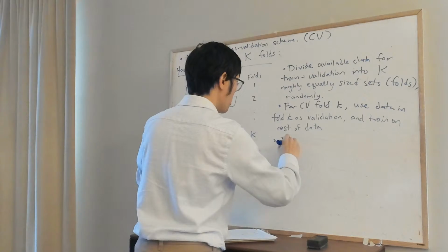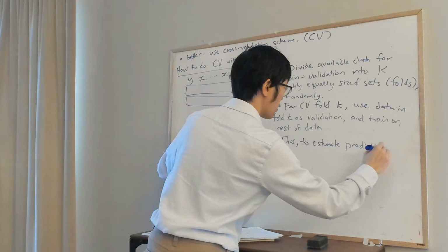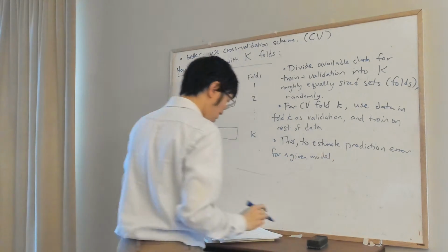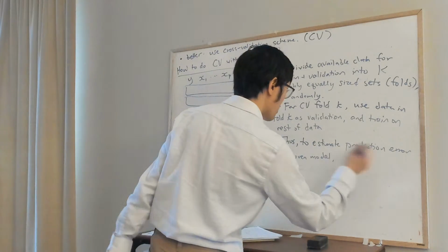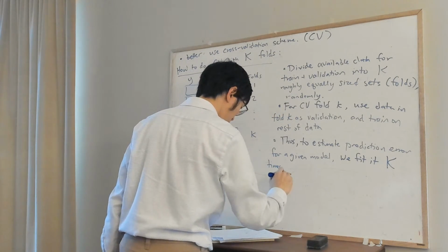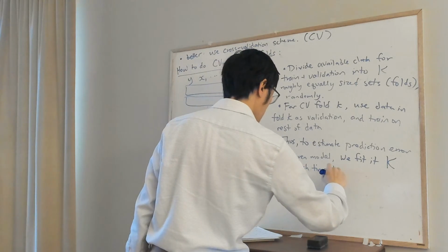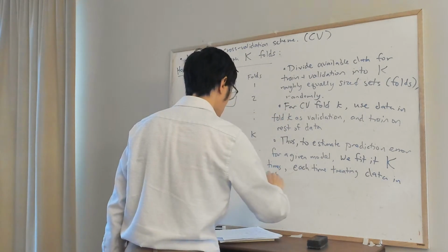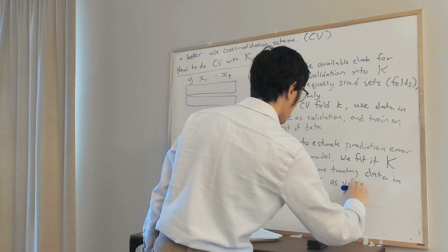So thus, to estimate the prediction error for a given model, what this procedure gives us is that we fit it k times, capital K times, each time treating the data in fold 1, 2, up to k as validation.